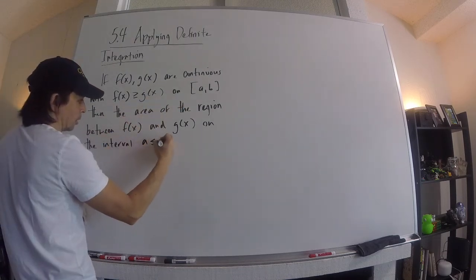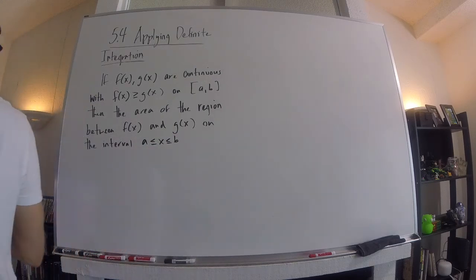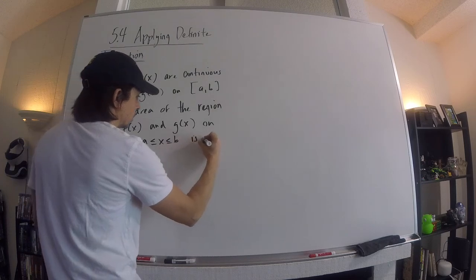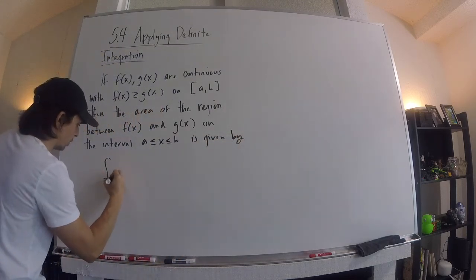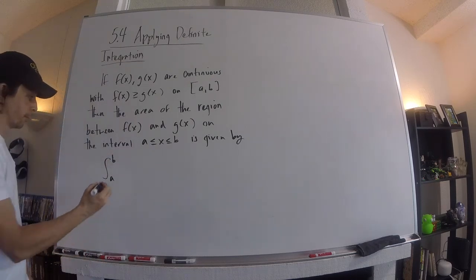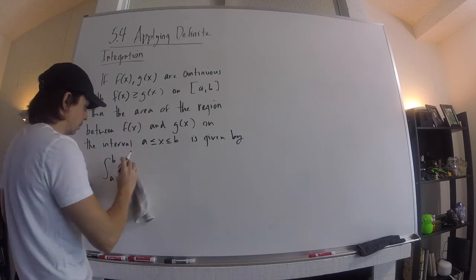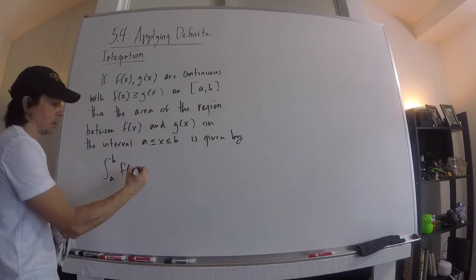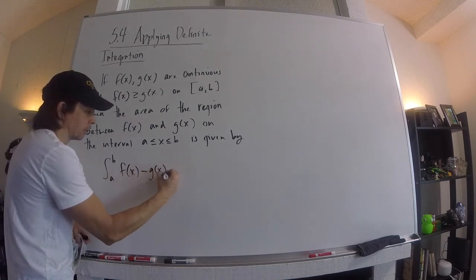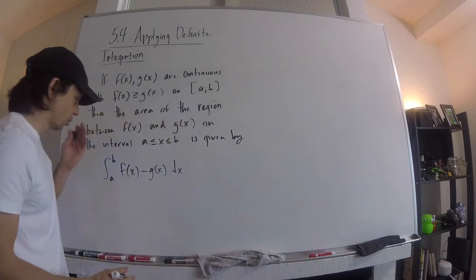I'll write it out as an inequality. So a is your lower bound, b is your upper bound on it. Is given by a definite integral from a to b. And what we're going to be doing is subtracting the upper curve, the one that's higher, minus the lower curve, and that's our integrand, just the difference of those two functions.